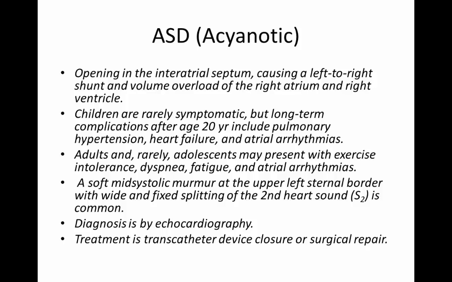And treatment: if the patient is asymptomatic with a small shunt, it only requires observation and periodic echocardiograms. If it's moderate to large and there's evidence of right ventricular volume overload on echocardiogram, and the child is between 2 years and 6 years of age, then repair by surgery.